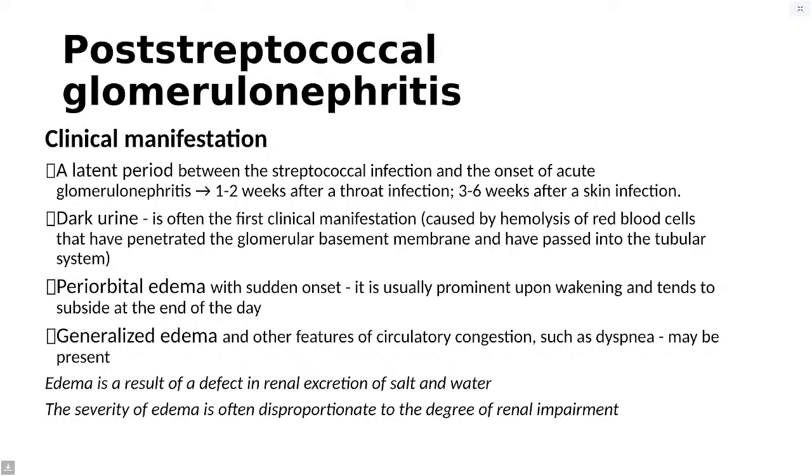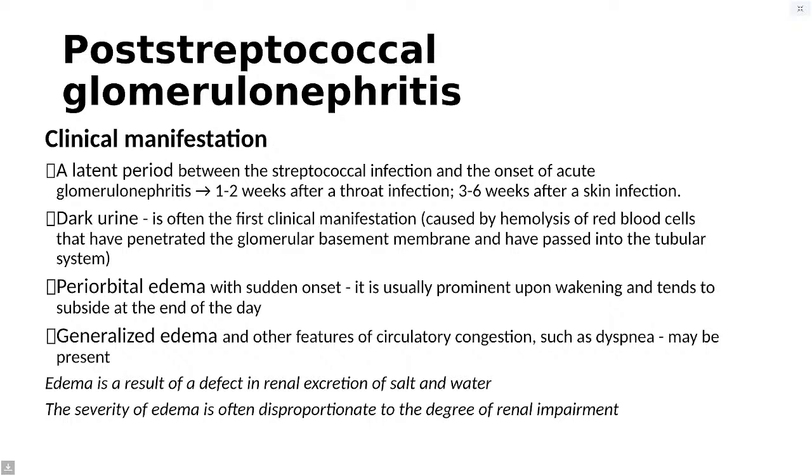Clinical presentation of post-streptococcal glomerulonephritis. The latent period between the streptococcal infection and the onset of acute glomerulonephritis is 1 to 2 weeks after a throat infection, but after a skin infection, it is possible to be a period of 3 to 6 weeks.